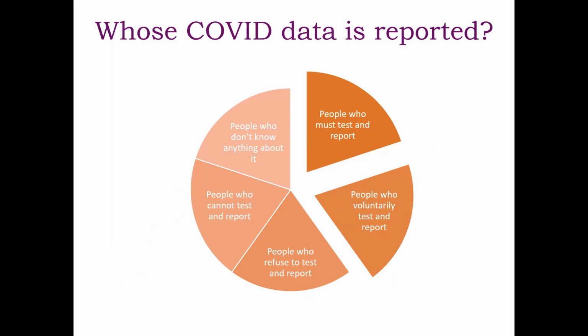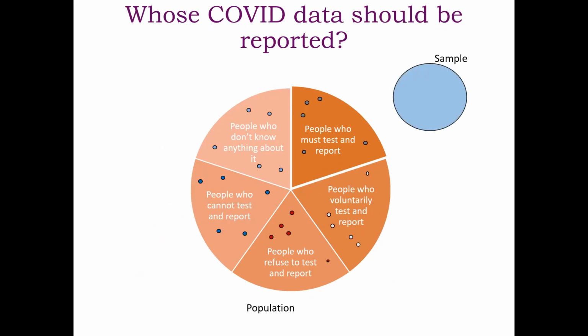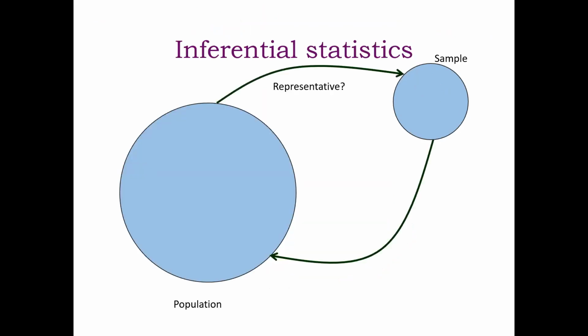When we look at all these national reports, we should have everybody's, but we don't. Why this is important is because we base our inferences on the sample, and if it's not representative, then we're not going to get an accurate view of the population.